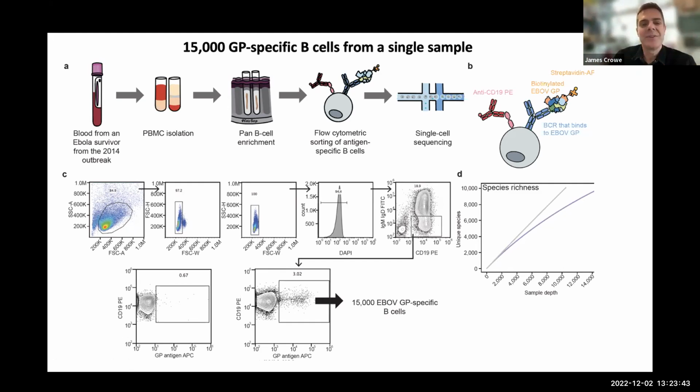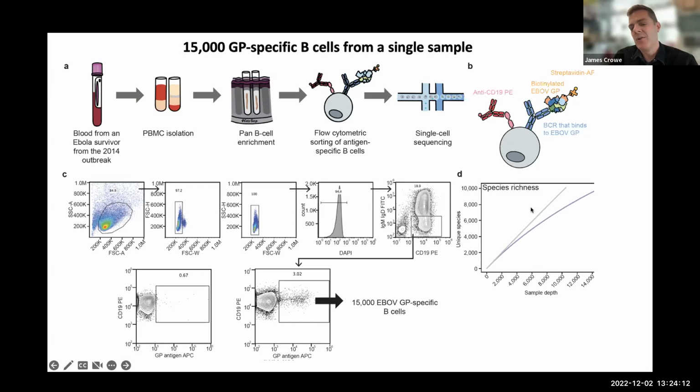This is just one graduate student who isolated by flow cytometry, identified 120,000 virus-specific or GP-specific cells, and we recovered the heavy and the light chain for 15,000 of those from one specimen. And if you look on this figure on D, species richness, as you go from right to left with the 15,000, how many unique antibodies do you see?